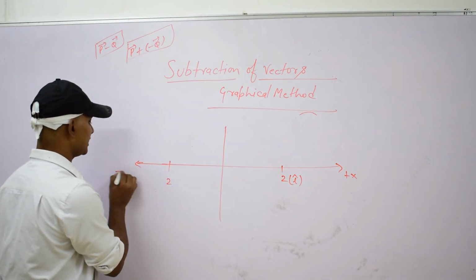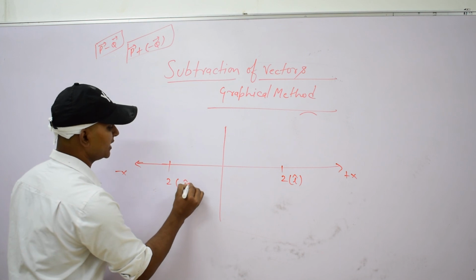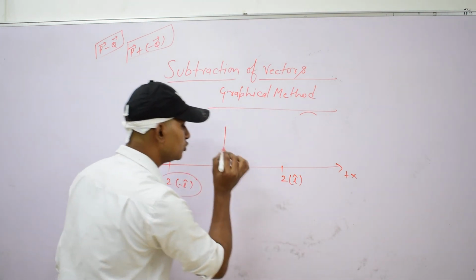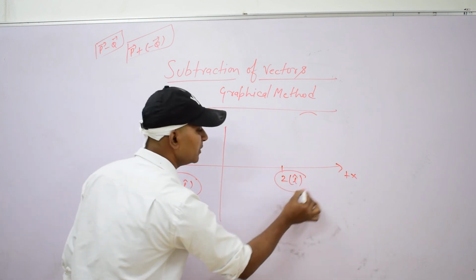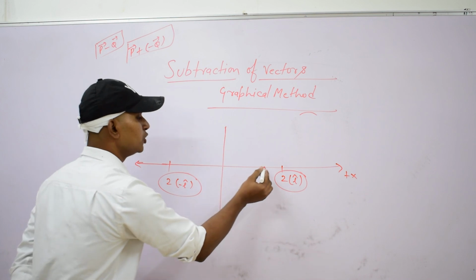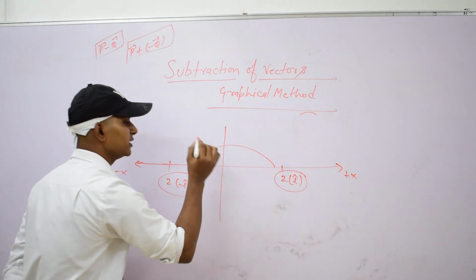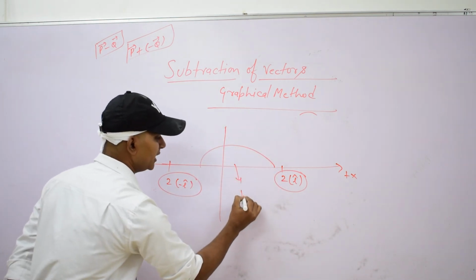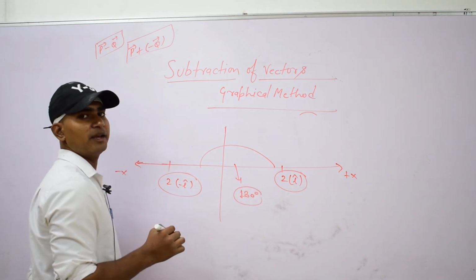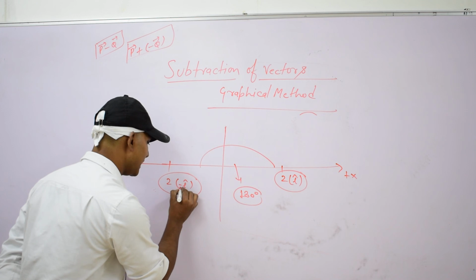So for the negative x direction we can use minus i cap. Now what you are getting is 2i and minus i cap, and in between them there is just a change in direction. So due to the change in direction, the angle 180 will always be introduced, and due to this 180 degree angle, the minus sign is coming.